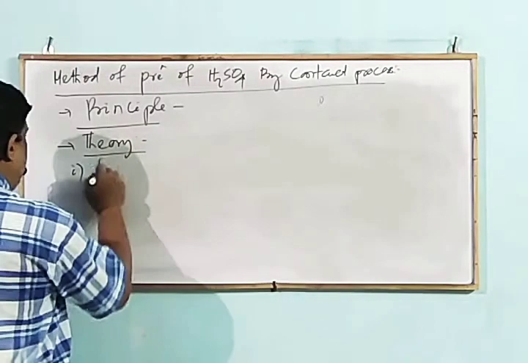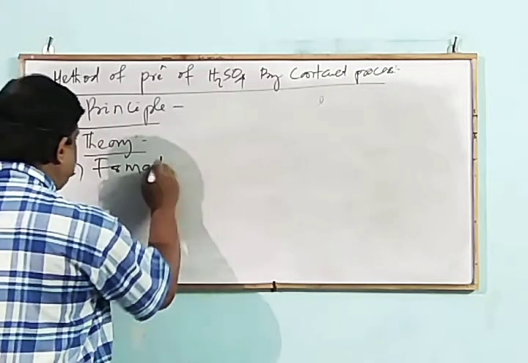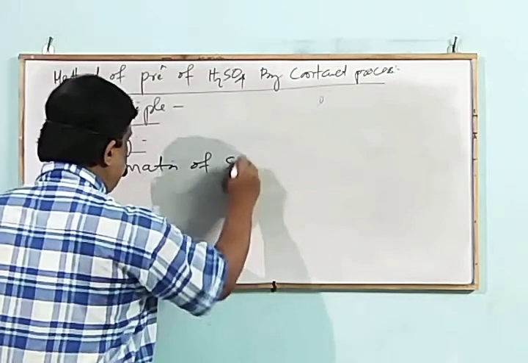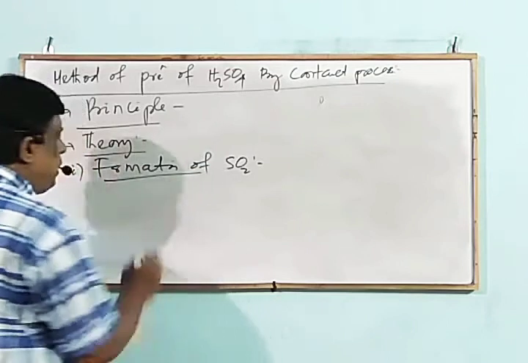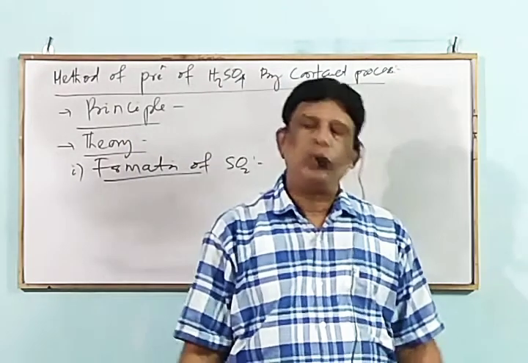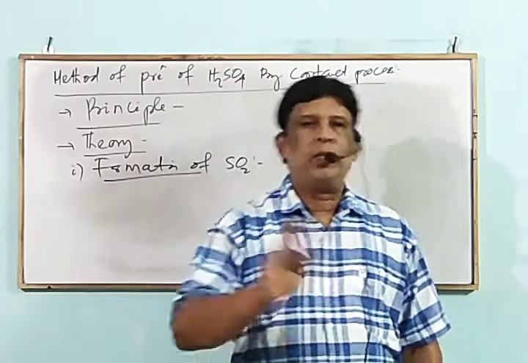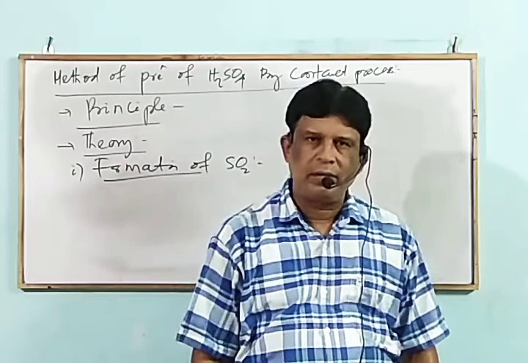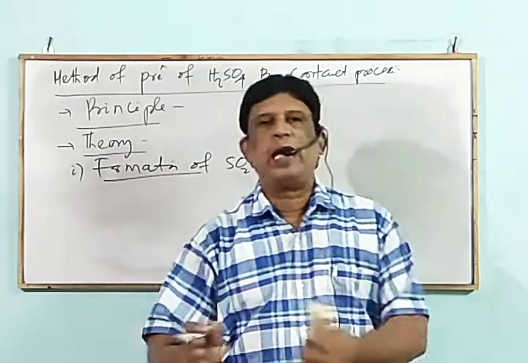Step 1, formation of sulfur dioxide. First step is formation of sulfur dioxide. Two different ways are there. Either the burning of sulfur directly or by roasting metal sulfide.